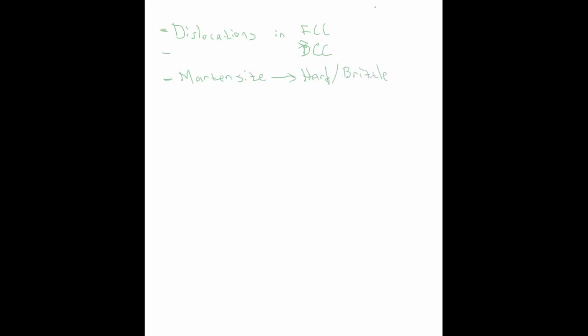Then we will go to the second part of the class, strengthening mechanisms. We will cover four different strengthening mechanisms. First one is solid solution strengthening or hardening. Second one is precipitation hardening.